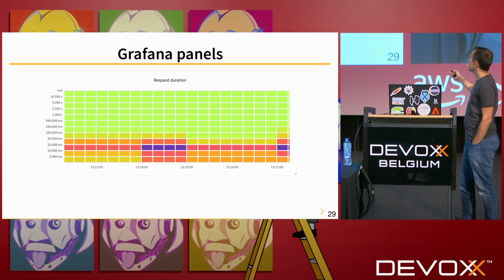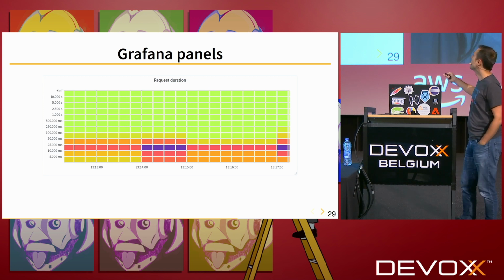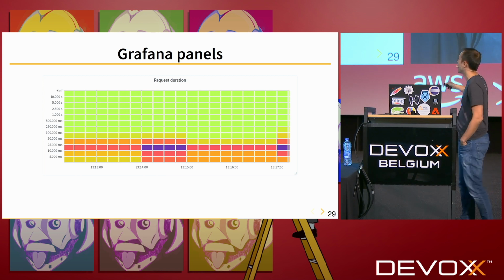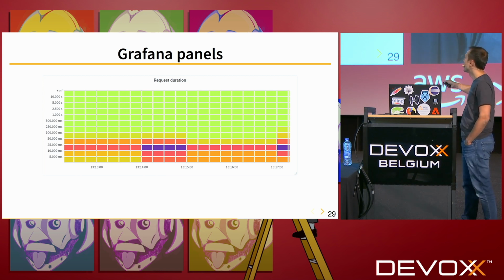So this heat map is read in the following way. The green segments mean that no requests are falling in that category. So there are no requests between 5 and 10 seconds, no requests between 2.5 and 5, and so on and so forth. And then the higher the distribution of requests, the more towards purple it goes, right?